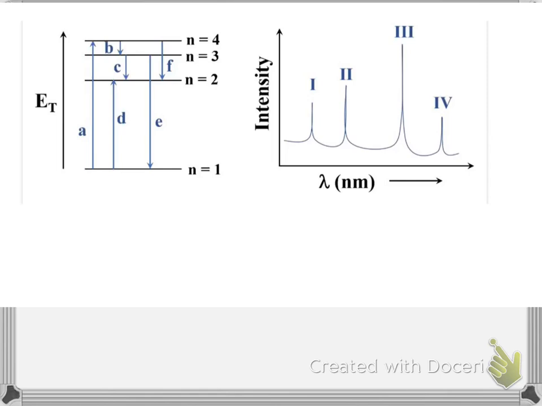All right, so this question comes from the homework. Several students have asked about it. So here we have an energy diagram on the left and an emission spectrum on the right. We have intensity on the y-axis showing the peaks, so high intensity are peaks, and we have on the x-axis the different lambdas where the transitions occur.